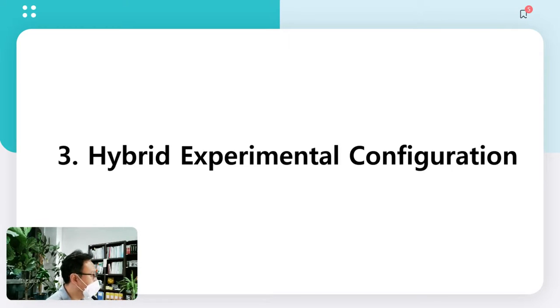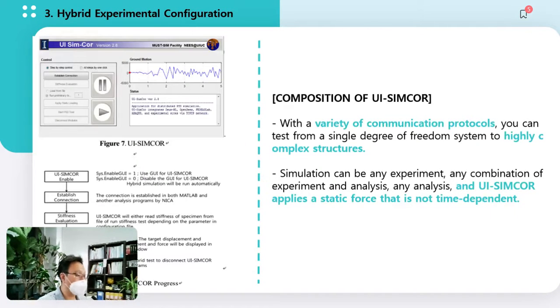Chapter 3: Hybrid experimental configuration. With a variety of communication protocols, you can test from a single degree of freedom system to highly complex structures.